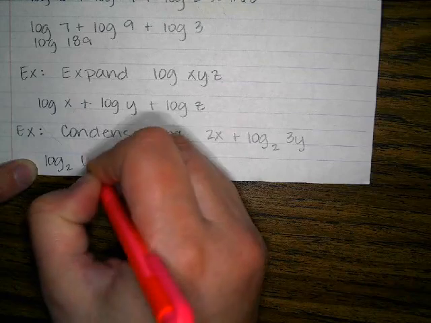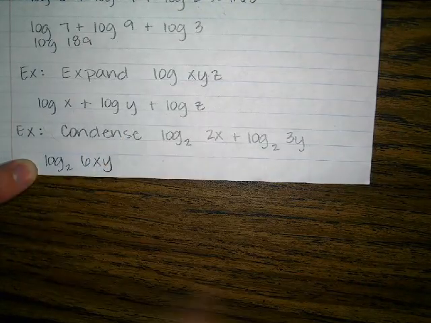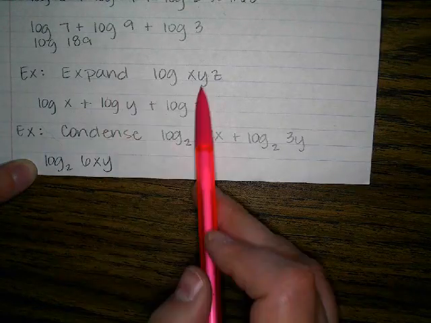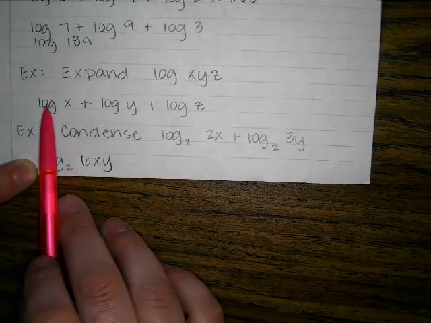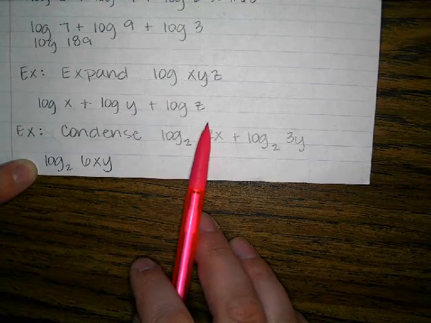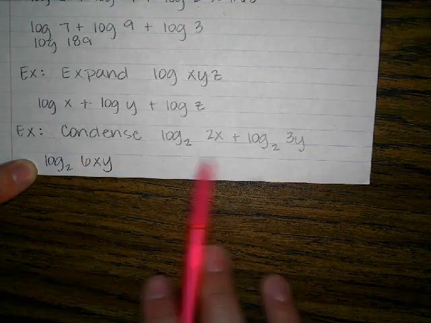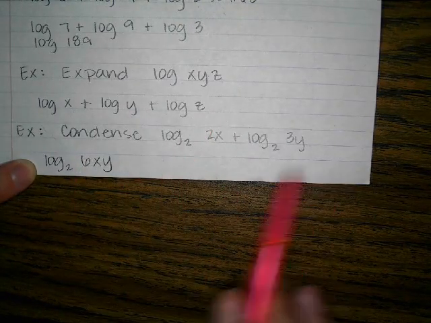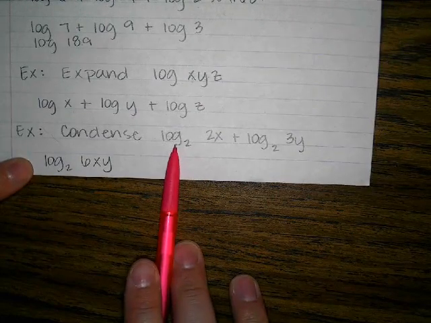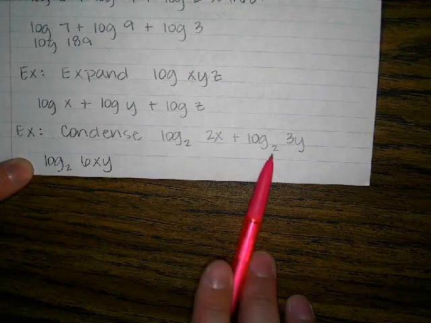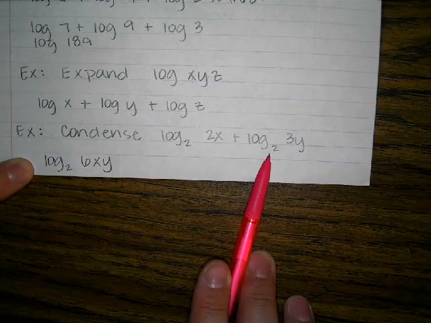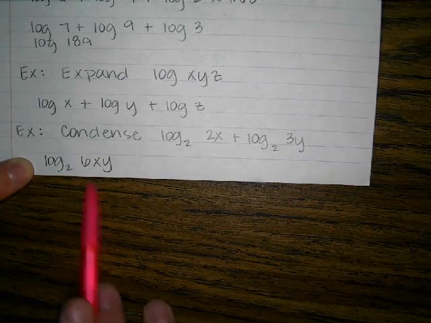Okay. So for expanding, we just see how many things we have multiplied, and that's how many times we write the word log. For condensing, we only get to write the word log one time. Now, if this one had a log base 2 and this one had a log base 3, we wouldn't be able to combine them together because they'd be different terms.